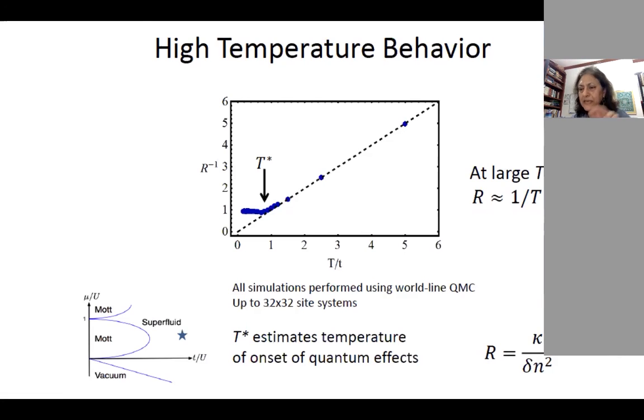So just keep this somewhere in your notes that R goes like 1 over temperature. The reason is sometimes I will plot R inverse, sometimes I will plot beta, and we will all get confused. So R goes like 1 over temperature, keep that. And so if I plot R inverse versus temperature, it should be linear in temperature. So that's the classical regime.